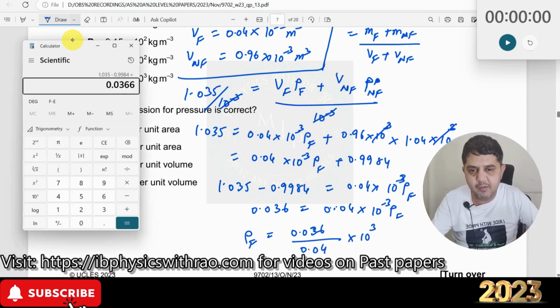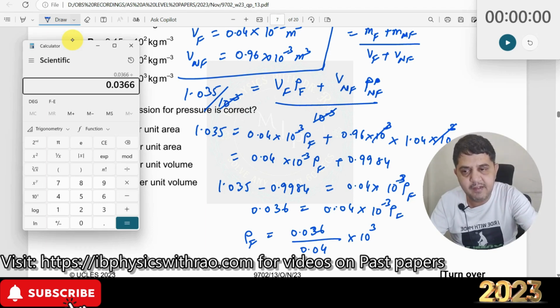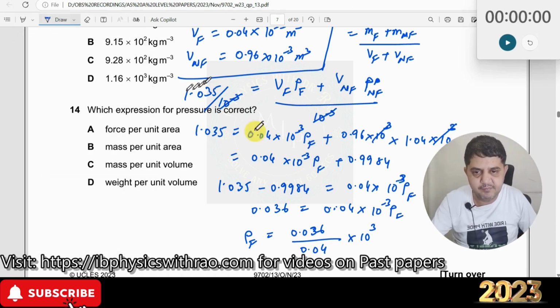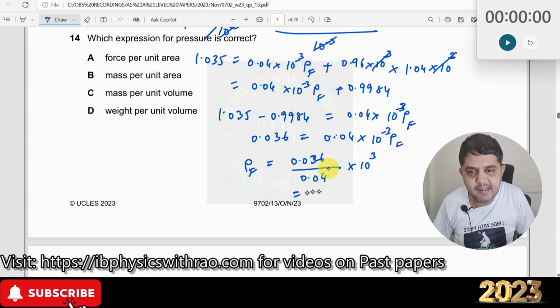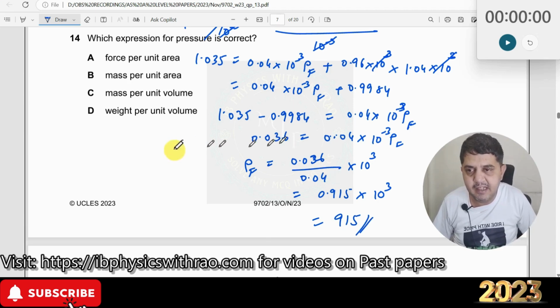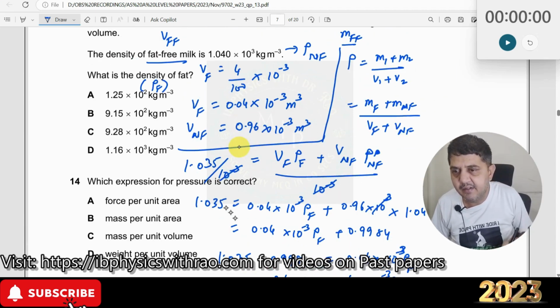Dividing this by 0.04, I get 0.915. So I will write this as 0.915 into 10 cube, which comes out to be 915 kg per meter cube, which is the right answer: 9.15 into 10 square. B is the right answer.